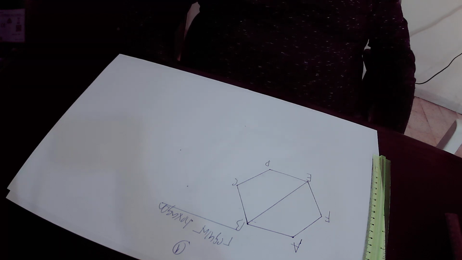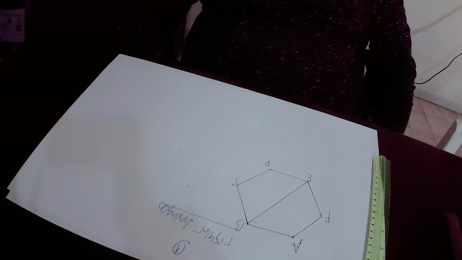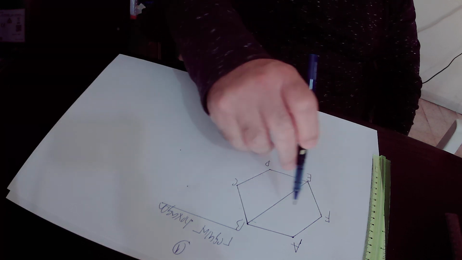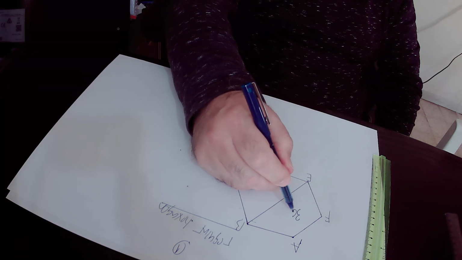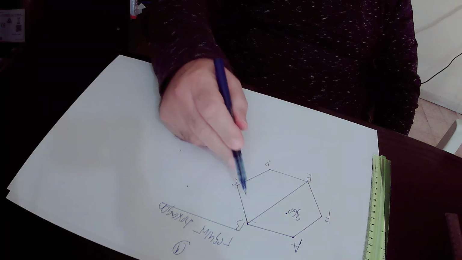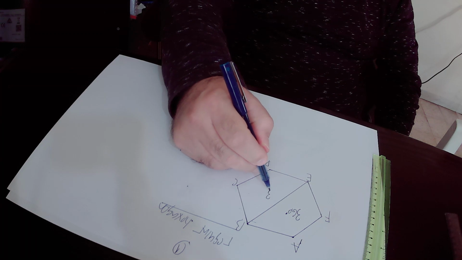And we know that the sum of the angles in any quadrilateral is equal to 360 degrees. So the sum of the angles of quadrilateral ABFE is 360 degrees, and the sum of the angles of quadrilateral BCDE is also 360 degrees.